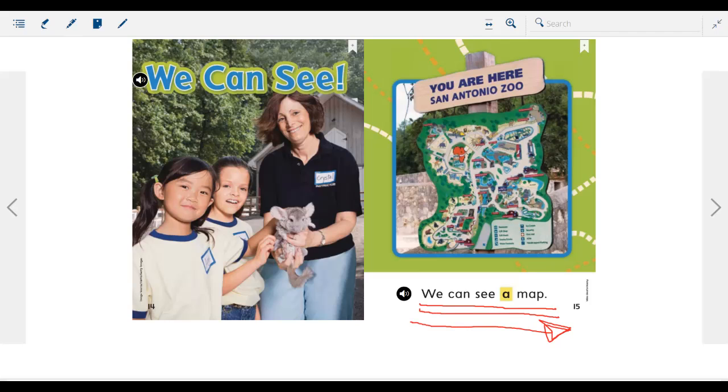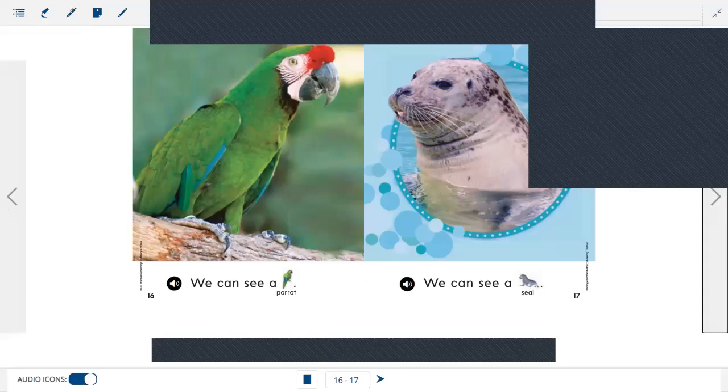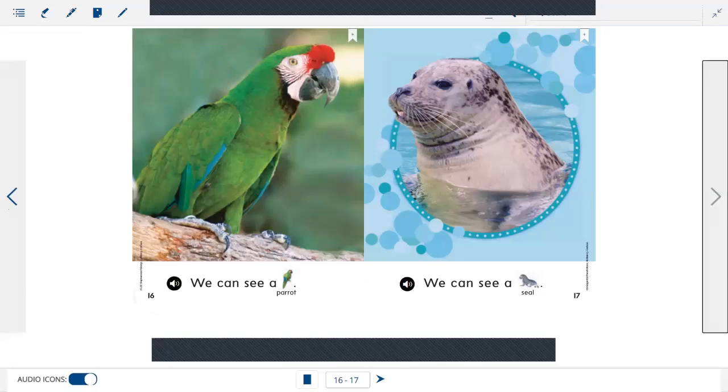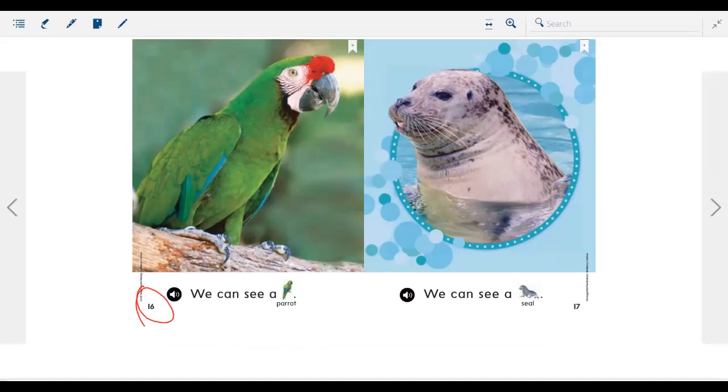All right, let's turn our page. Okay, we are on page 16. All right, I want you to look at this. This is a rebus. So there is a picture that is standing for a word. They write the word with the picture. It's called a rebus.